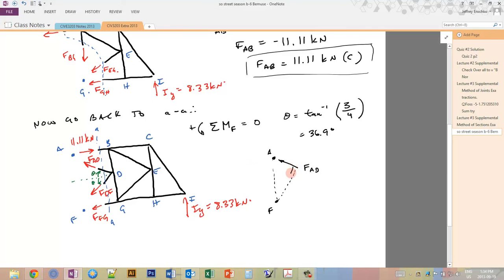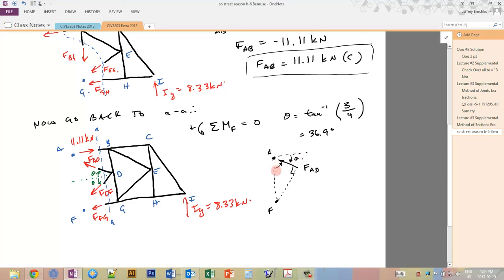Then we want to find out what this dimension is, since we're doing some moments about F. FAD does a counterclockwise or positive moment about F, but we need to find out what the perpendicular distance is between FAD and F. Okay, so we know that this angle here is theta.